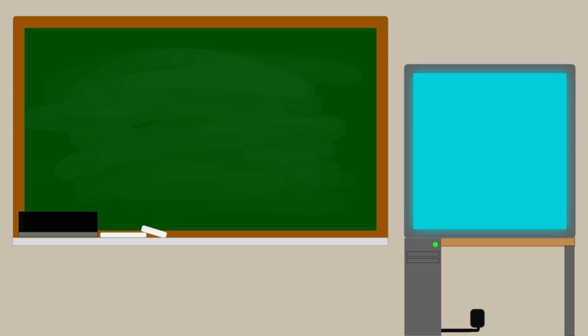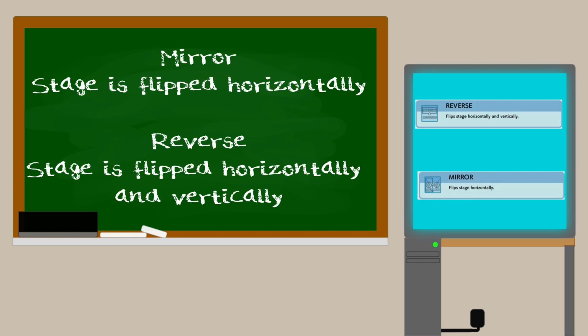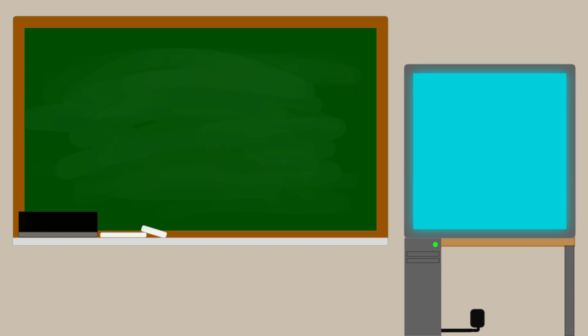Then there's two that change the arrangement of the notes instead. The mirror item flips the entire chart horizontally, while reverse does that, but also flips it vertically on top of it. Notably, a number of these in YY Party are not actually items, but instead are separate modifiers that you can turn on and off in any combination you want.